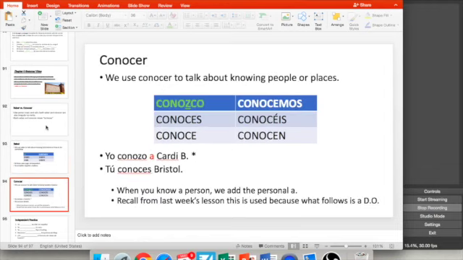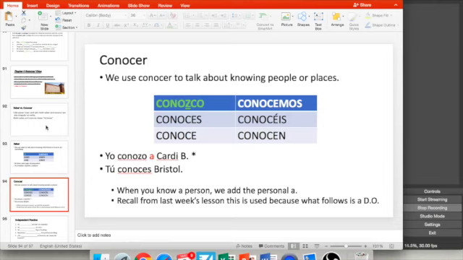Now, when you know people or you know places, we use conocer. So notice, I said that tú conoces Bristol. You know Bristol. Bristol is a place. So instead of using saber, I'm going to use conocer to say that tú conoces Bristol. However, notice also here I said I know Cardi B. Cardi B is a person. So you do use conocer instead of saber.